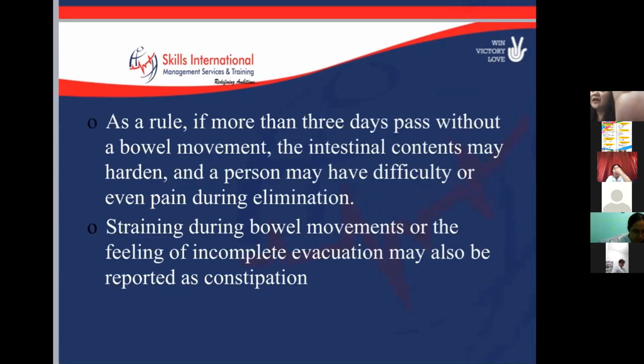As a rule, if more than 3 days without passing a bowel movement, the intestinal content may harden and a person may have difficulty or even pain during elimination. That is why we have to train our intestine to pass daily.